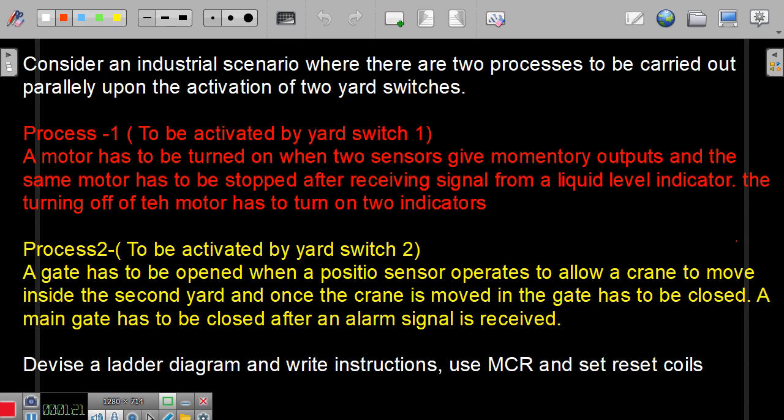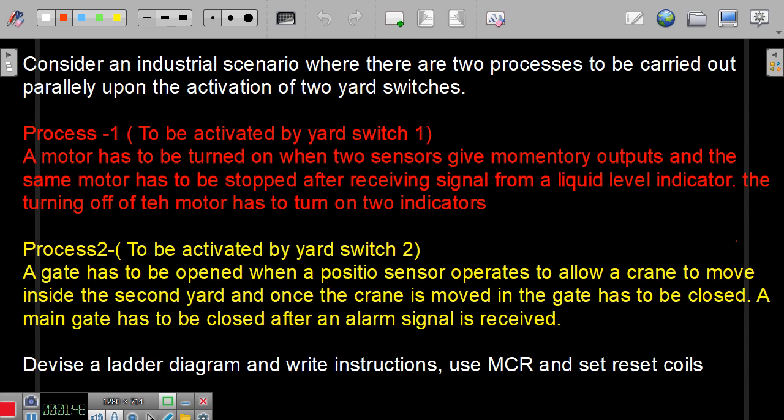A motor has to be turned on when two sensors give momentary outputs, and the same motor has to be stopped after receiving a signal from a liquid level indicator. The turning off of the motor has to turn on two indicators.